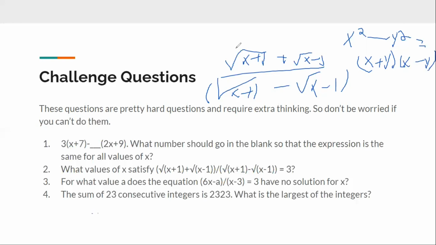So using that, we can let this be a, and let this be b. Then you can multiply by a minus b. You can multiply a minus b times a plus b.